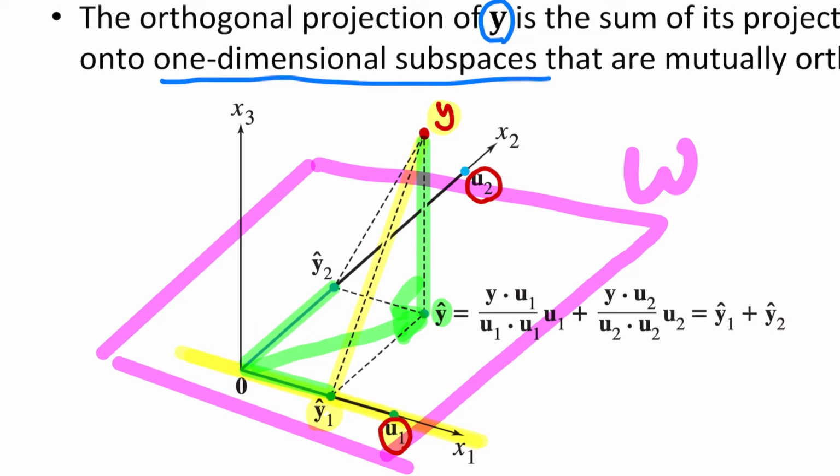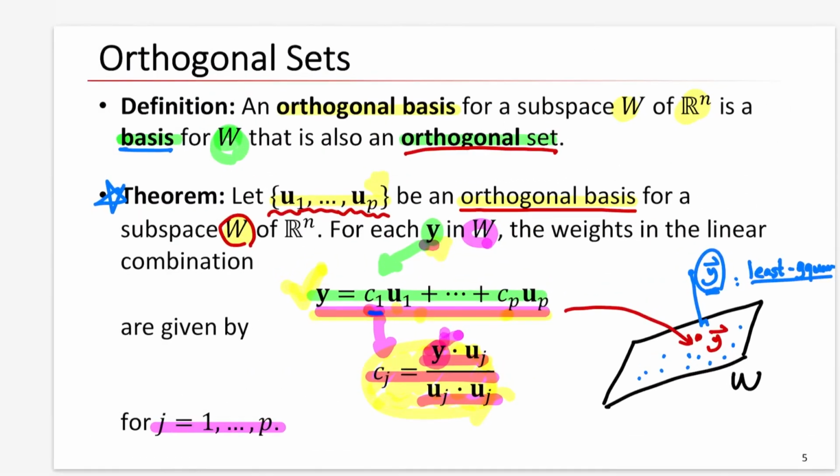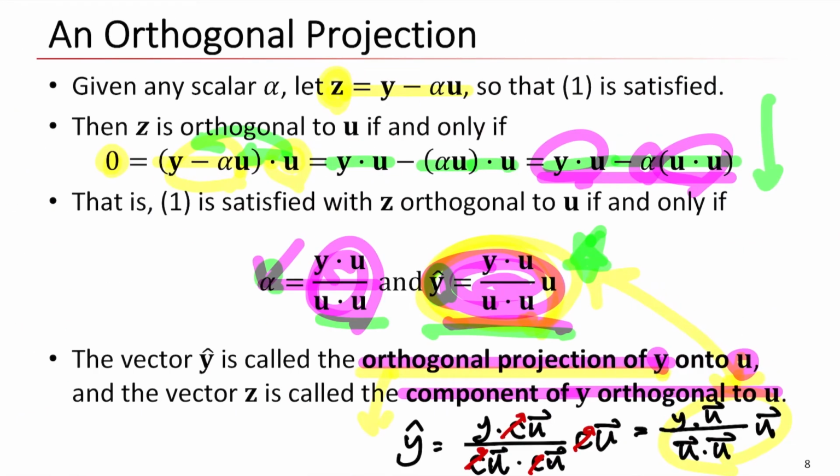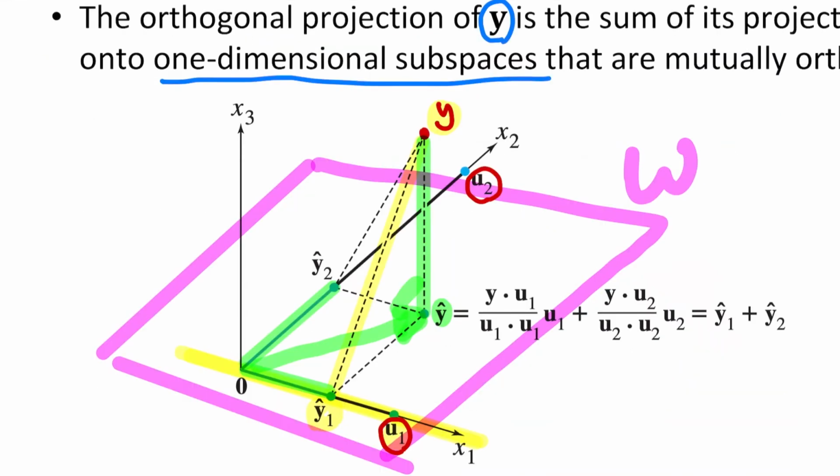So how can I find this one? If you go back to lecture 9.2, there was also a projection onto the line L, right? So it was something like this, right? Similarly, this y hat 1 can be represented by y inner product u1 over u1 inner product u1, times u1, something like this, right?